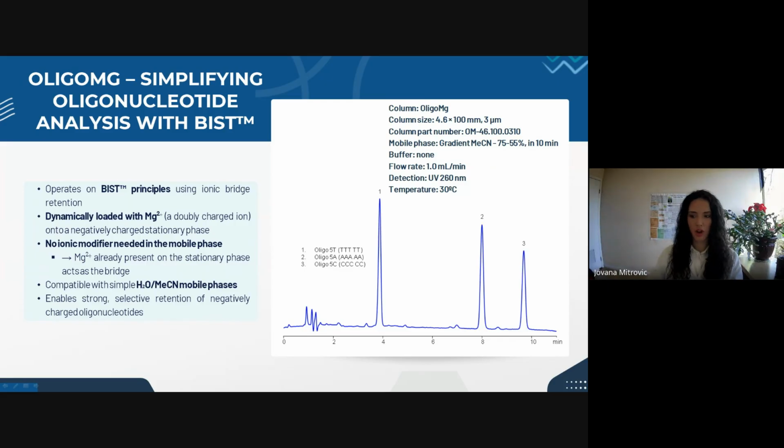The result is strong, selective retention and clean separation without any need for method reoptimization or complex mobile phase formulations. So by having the bridge-forming ion directly in the column, OligoMG streamlines the workflow, reduces method complexity, and brings the benefits of BIST to a broader range of users and labs.